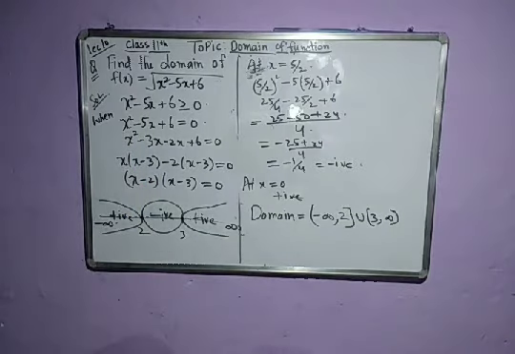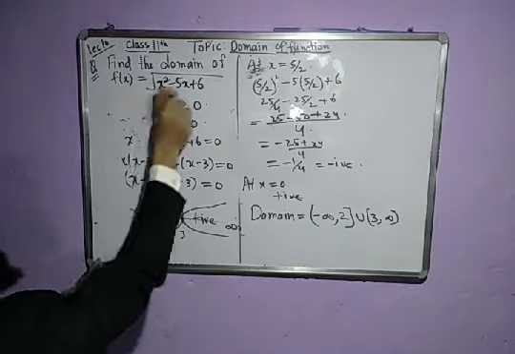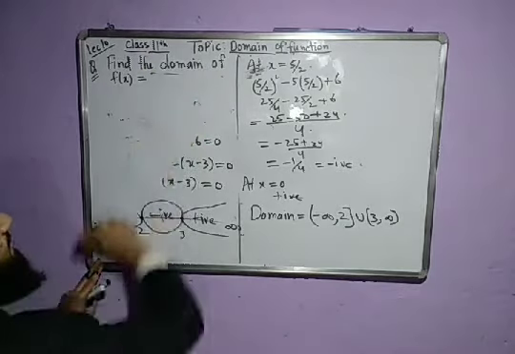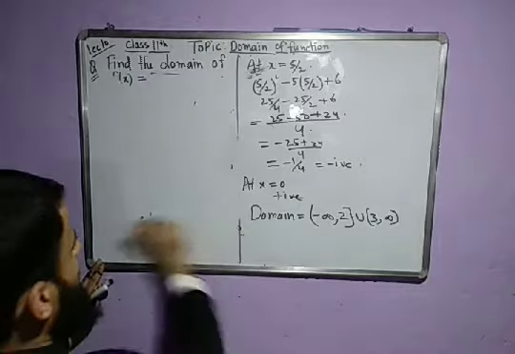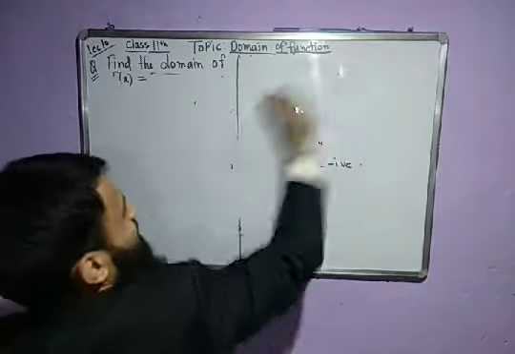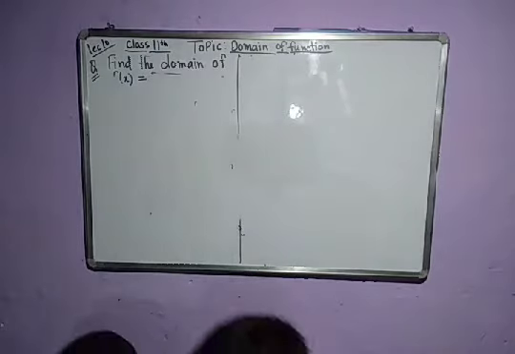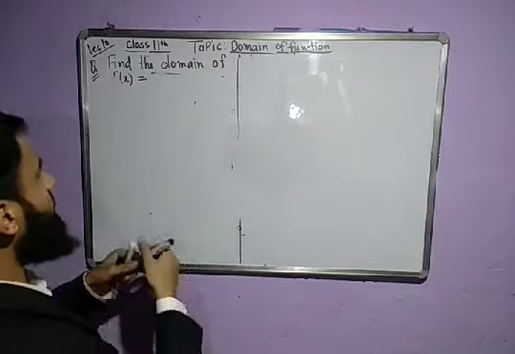Now let's do another question. I have a question. F of x is equal to x square minus 4 divided by x minus 2.